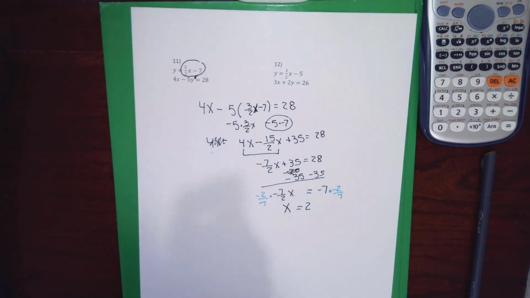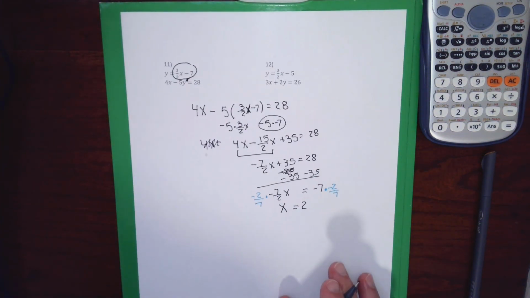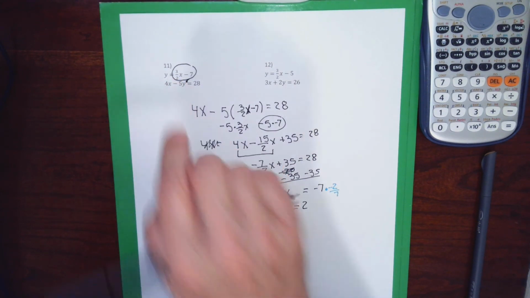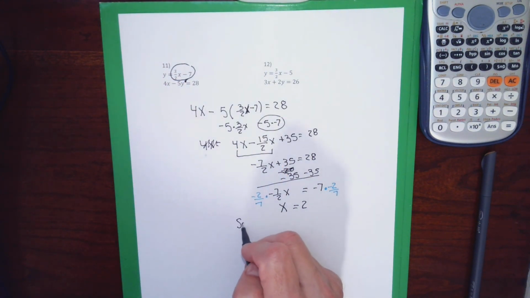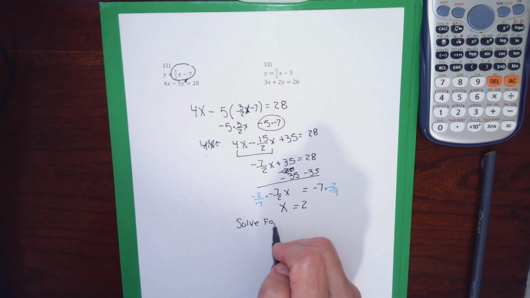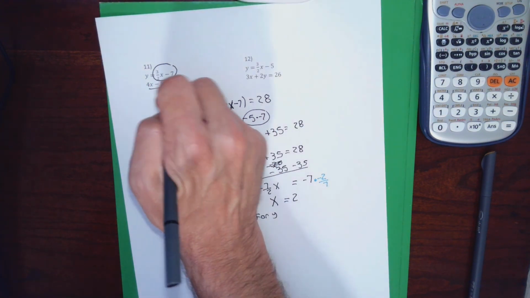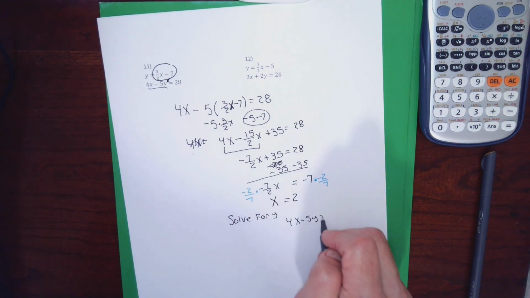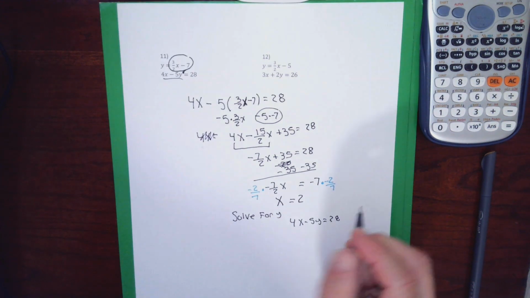Now I need to do step 4, solve for the other variable. And I don't know if I want to deal with that equation. I don't like fractions, so I'm going to worry about not using that equation because I could use either. I'm going to use 4x minus 5y equals 28 and plug in 2 for x.